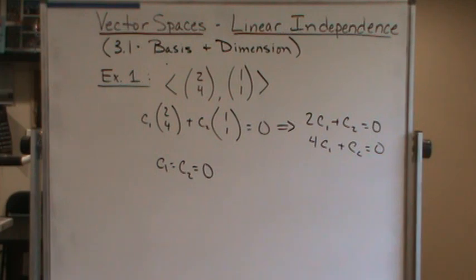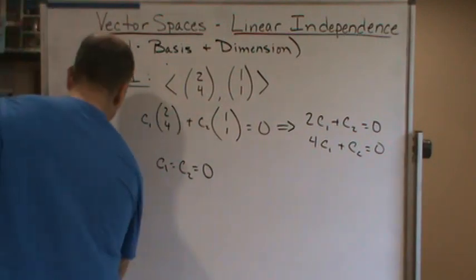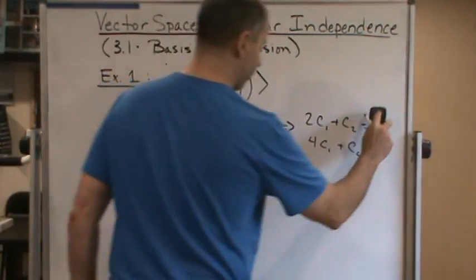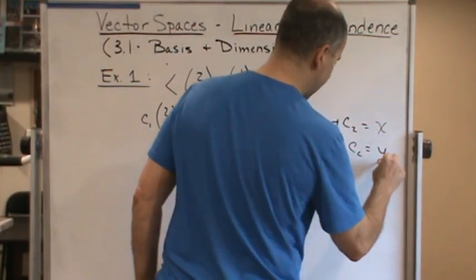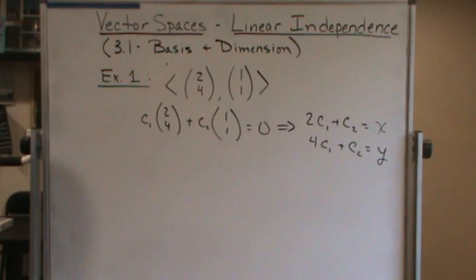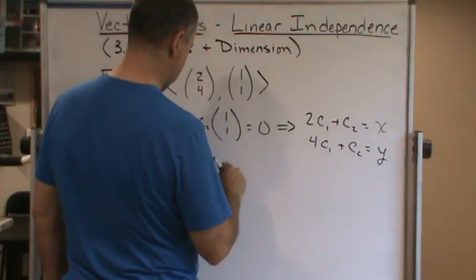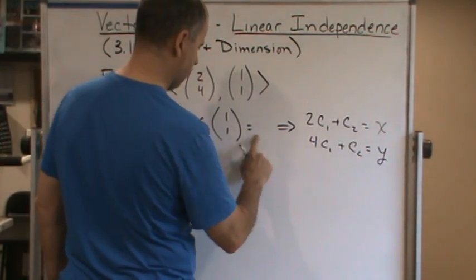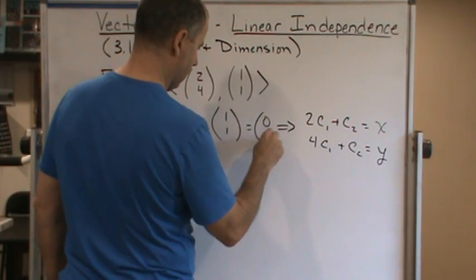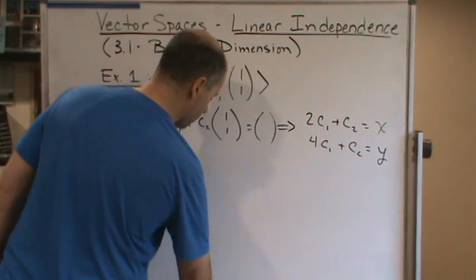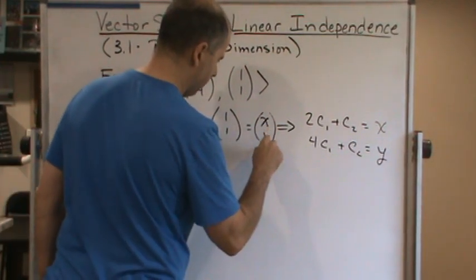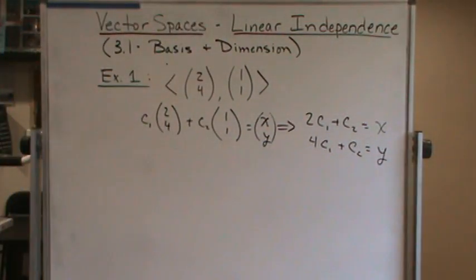It also spans R2. Because again, if we take our relationship and talk about any x, y, so instead of 0, 0, we're just going to take any vector in R2, that would just be x, y.